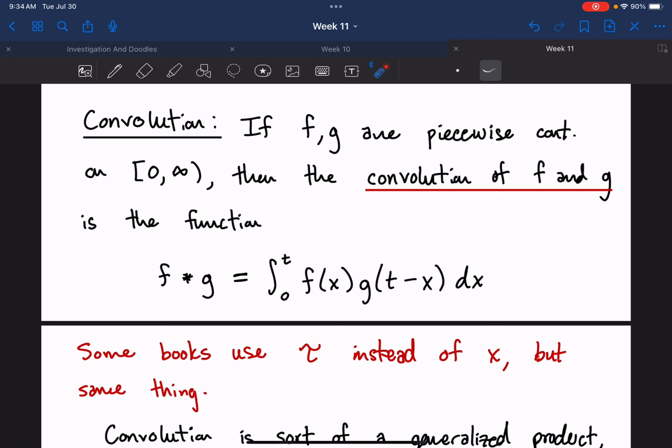So if f and g are piecewise continuous on the positive t-axis, whatever they're defined on, the positive real numbers, then the convolution of f and g is this function, f star g. It's defined to be the integral from 0 to t, so this is a function of t.